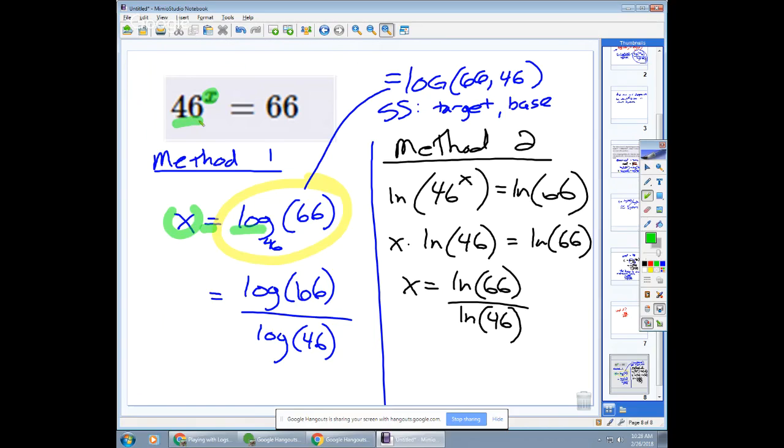The base of the exponent has to match the base of the logarithm, and then the other number is always the target value. And then from there, I can either rewrite it with log base 10. I could have rewritten this as natural logarithm also. We're going to talk more about the natural logarithm in section 4 today.